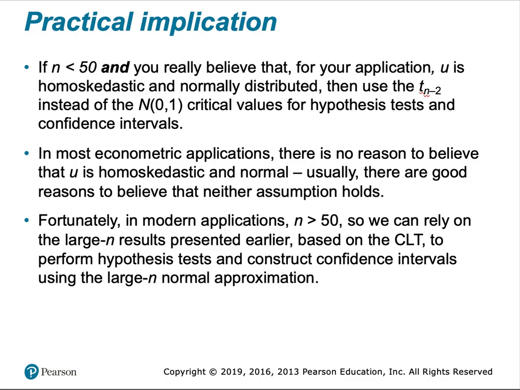But in most econometric applications, there's no reason to believe that the OLS residual u is homoscedastic and normal. Usually there are good reasons to believe that neither assumption holds, that we have heteroscedasticity and non-normal distributions, especially if you're working with financial data or other things like this, where you have skewed distributions.